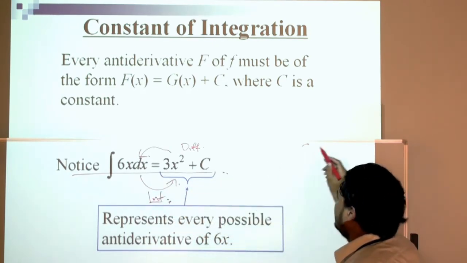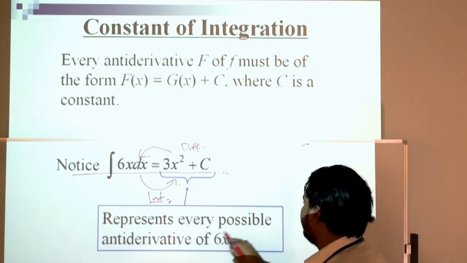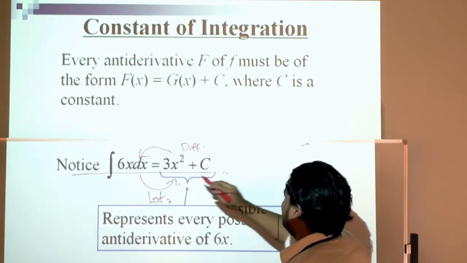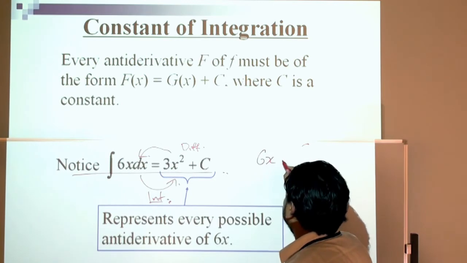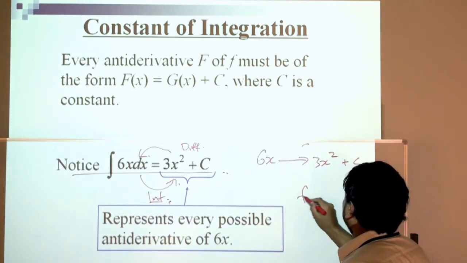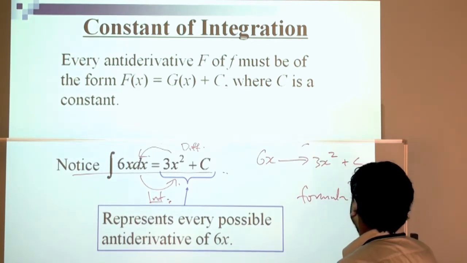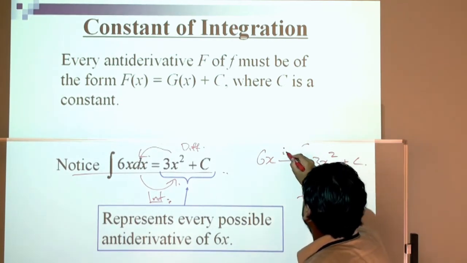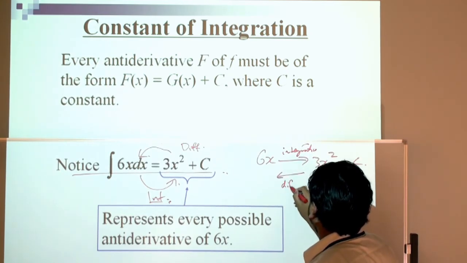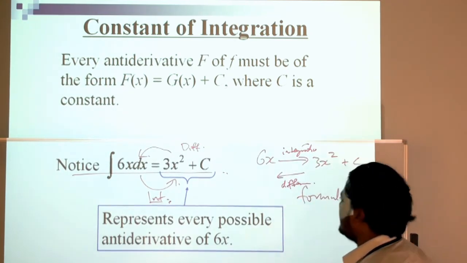Okay? So what do we have here? This represents every possible antiderivative of 6x. So what's the rule? How do we get from 6x to 3x squared plus c? What's the formula? This is integration. Again, remember that's differentiation, to go back the other way.